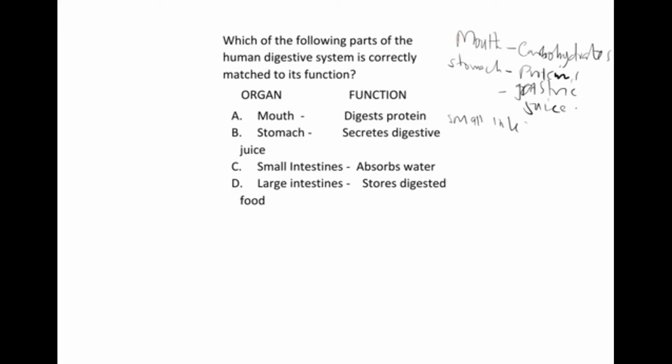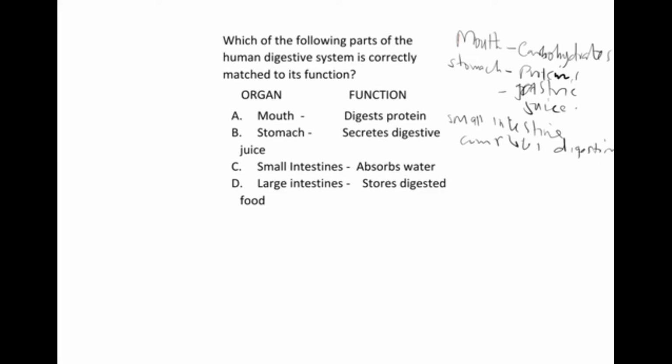In the small intestine, there is production of intestinal juice that completes digestion. All foods that have not been digested in the mouth, stomach, or duodenum are completed in the small intestine.